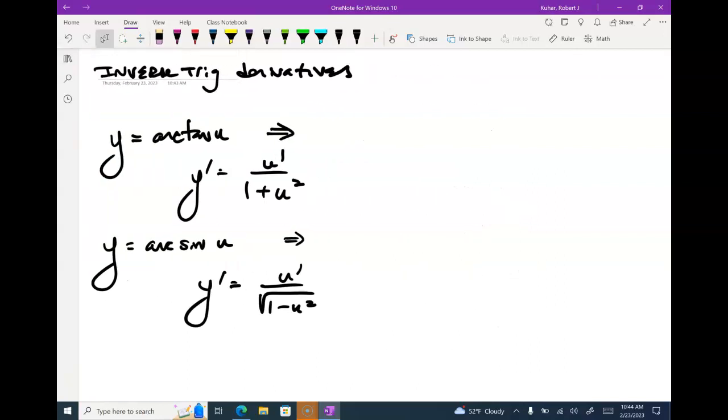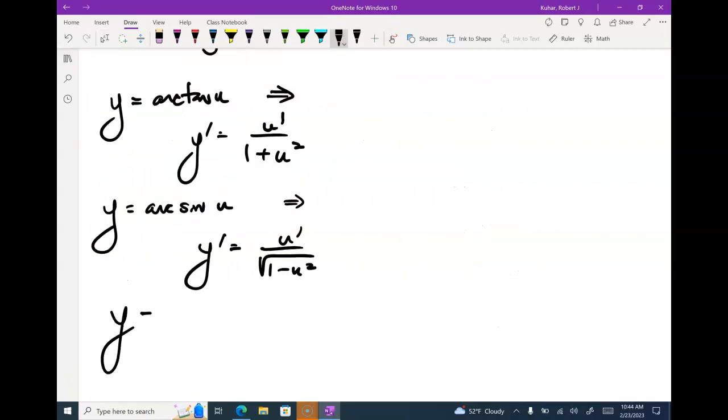And the last one, if y equals arc cosine of u, y prime is the opposite of what I just got for arc sine. So you can see I don't really need the arc cosine. I could just call it the opposite of arc sine, right?